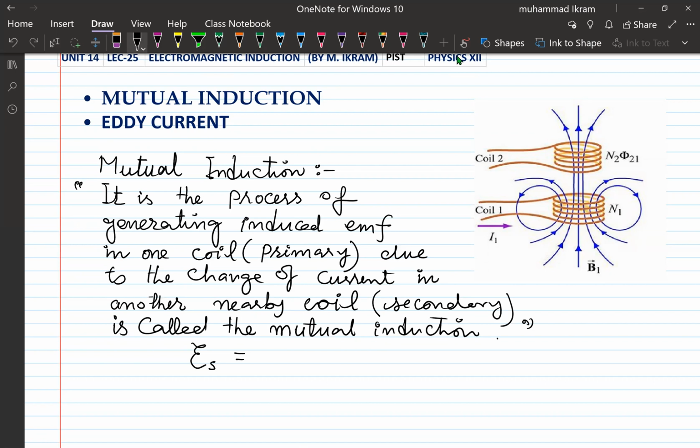This secondary induced EMF is equal to the mutual inductance times the rate of change of current in the primary circuit, delta I_P by delta t. Let me derive this for you.